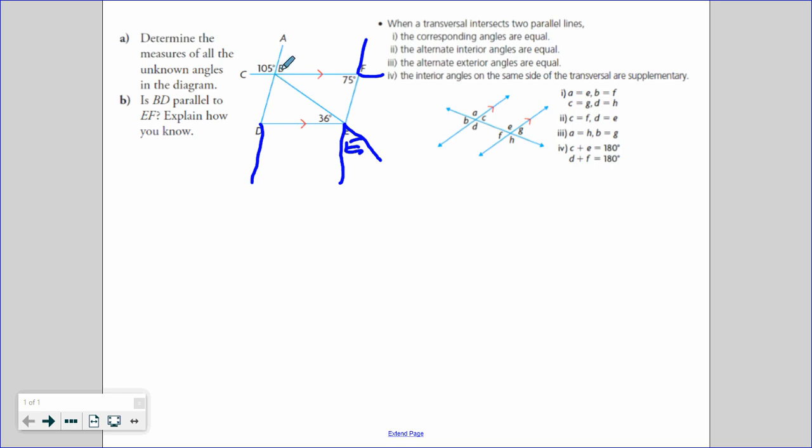We are given these red arrows, which tell me that this line here, CF, is parallel to this one here, DE. So we've got some given things: CF is parallel to DE. We also know this angle is 105 degrees.